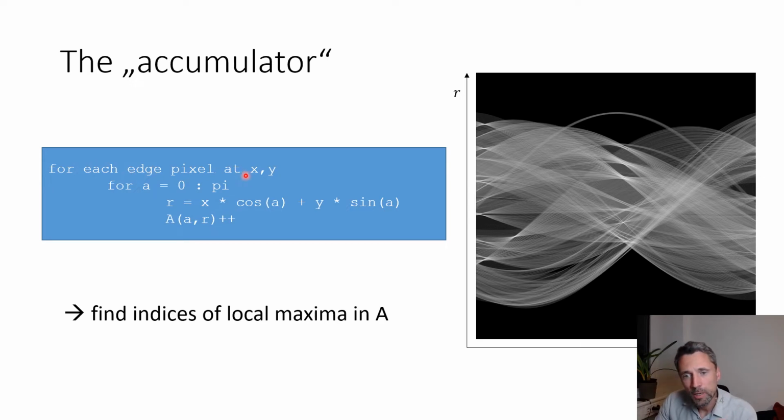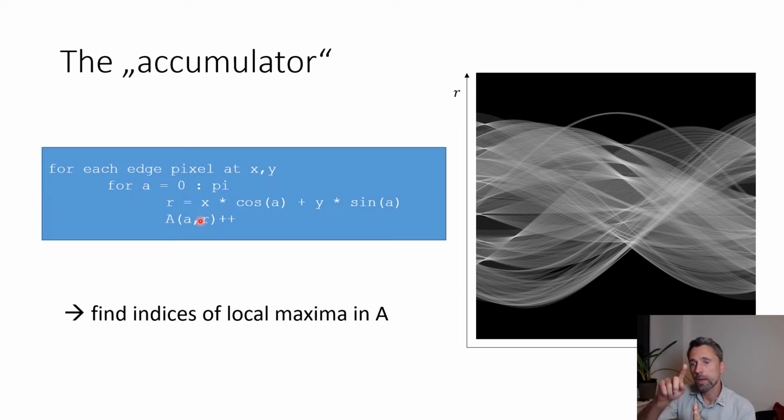For each edge pixel in our binary edge image at a position xy, we iterate over all different discrete angles alpha, let's say from 0 to pi, question why not 2 pi, and then we'll plug this into our cosine and sine, so we'll obtain that unit vector that points into the direction of alpha, and then we multiply that by our edge position, and we obtain an r distance from the origin for that specific line, and we increment the accumulator, which is a 2D matrix, right?